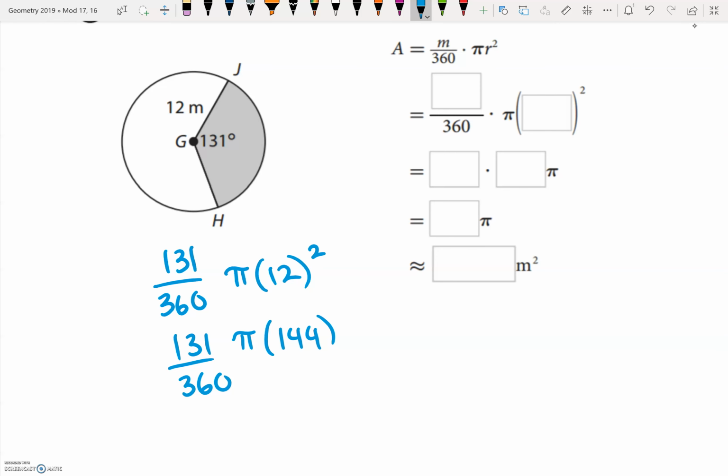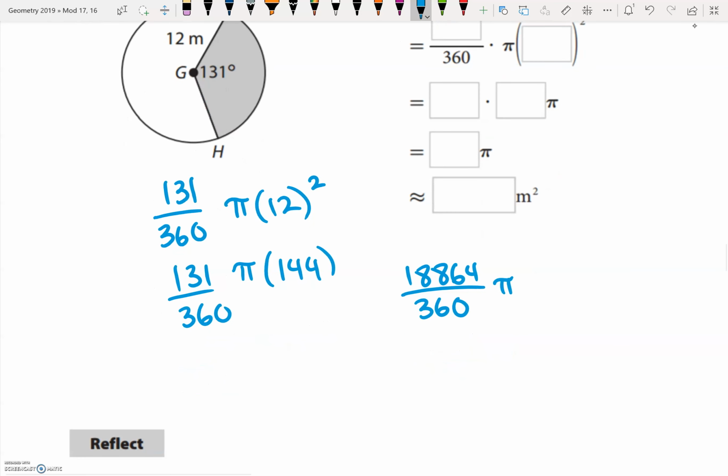So if we want to leave it in terms of pi, we'll do 131 times 144. That's going to be hopefully divisible by 360. I don't think it is. 52.4 pi, okay. And then we can approximate that. This is our most accurate answer.